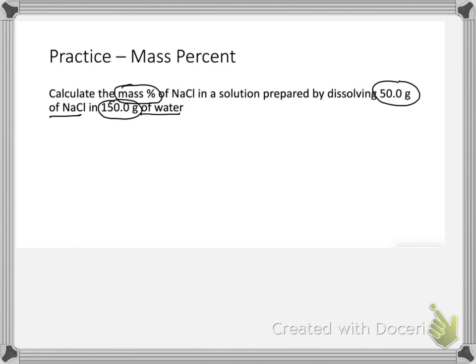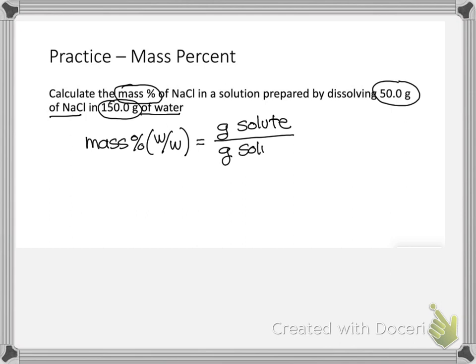Mass percent is a little odd this way, so you have to remember it. Let's write the equation. That is going to be weight over weight. Mass percent means you're comparing the masses. So we're going to have the grams of our solute divided by the grams of our solution, because it's mass percent, times 100.